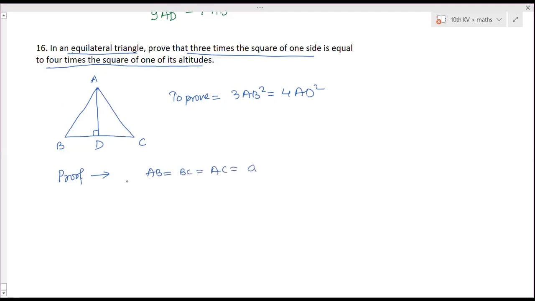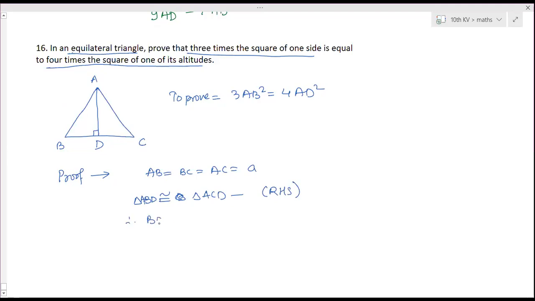And what is the value of BD? A by 2. Why? Ma'am, because triangle ABD is congruent to triangle ACD, so BD and CD are equal. So triangle ABD is congruent to triangle ACD by RHS congruency.